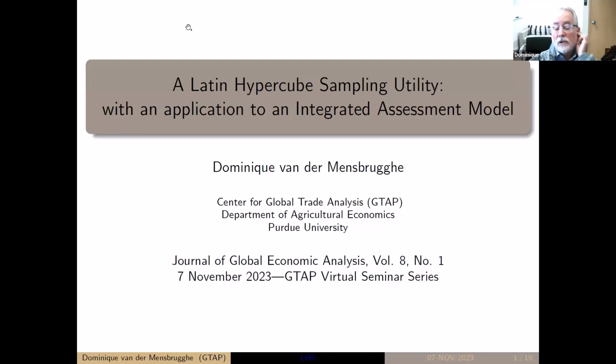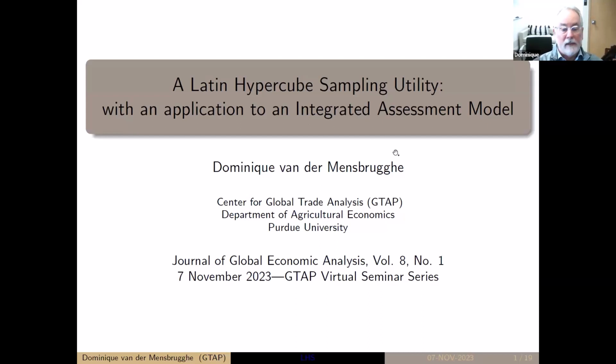So I'm going to introduce today a utility that I have developed from another one that generates what's called a Latin Hypercube sample, which can be used as one strategy for Monte Carlo simulations.